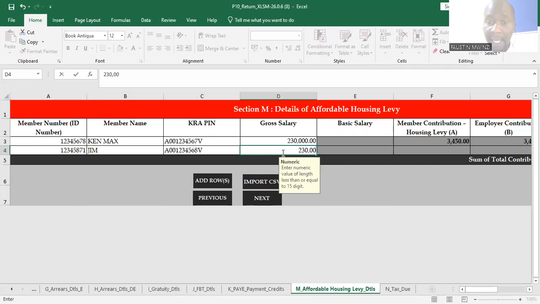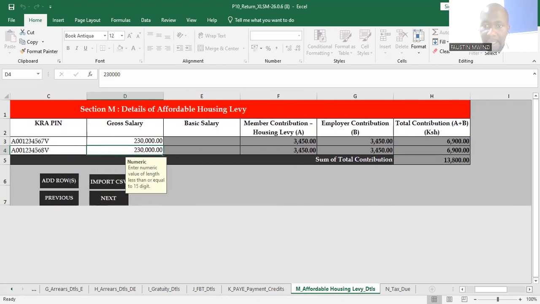We still pay the affordable housing for this guy. Okay? And now, let us watch and see. For the employer, member contribution, that is the employer, 3450. How do you arrive at 3450? It is 1.5% of 230, and then 3450.